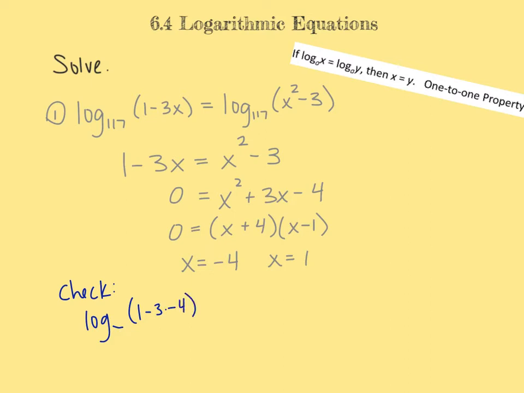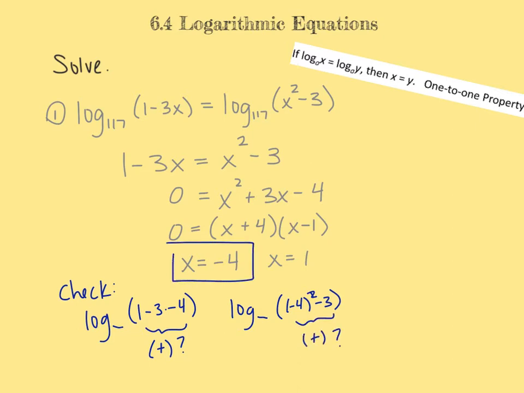Is what's inside here positive? Yes. So we're okay on that side. Let's check the other side. It's log base whatever, it does not matter. We're just checking that the inside's positive. And if we plug in negative 4, we'll square it, and then minus 3. Is what's inside here positive? Yes. So negative 4 is a viable solution.